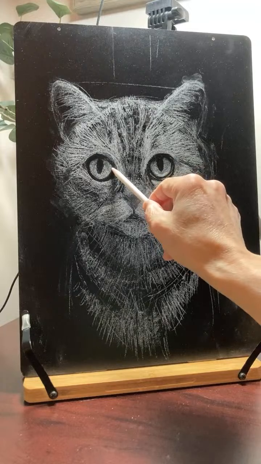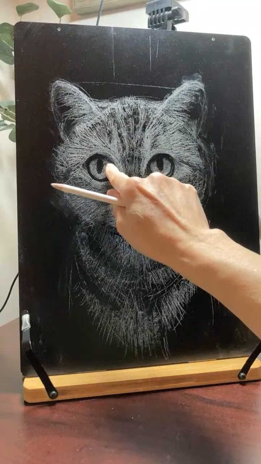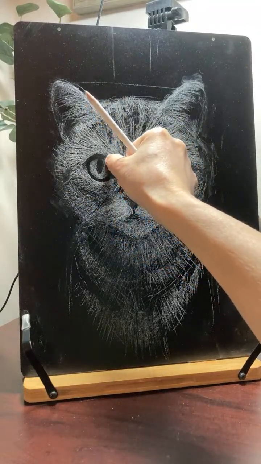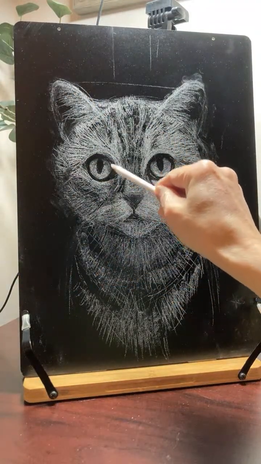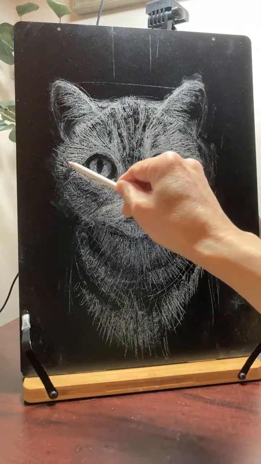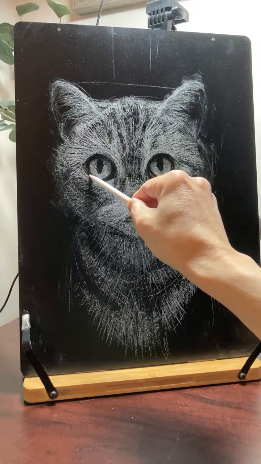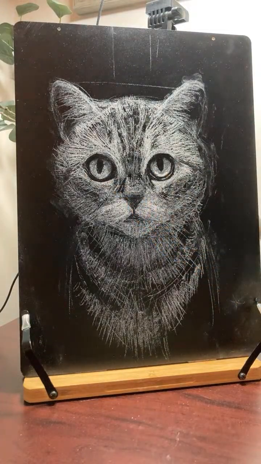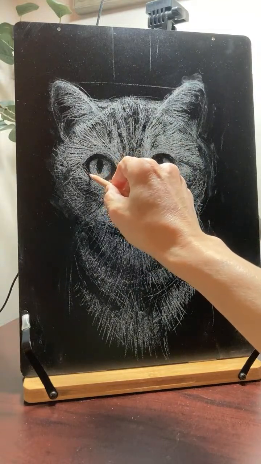Make it darker, even invisible. She has some eyelid, some reflection here.